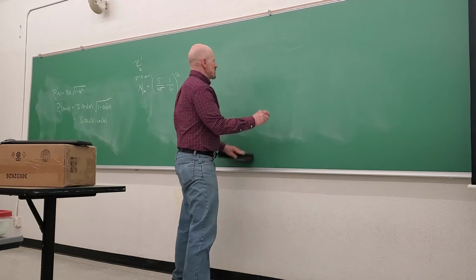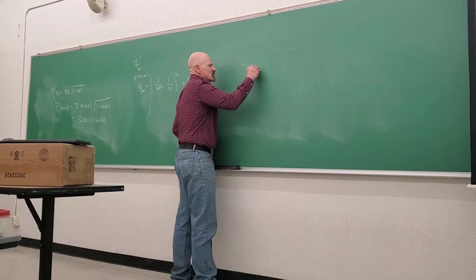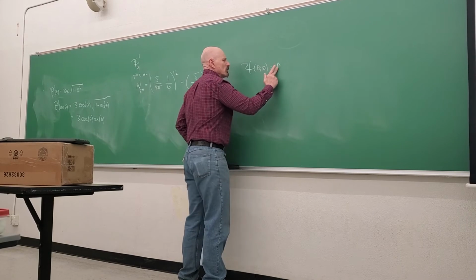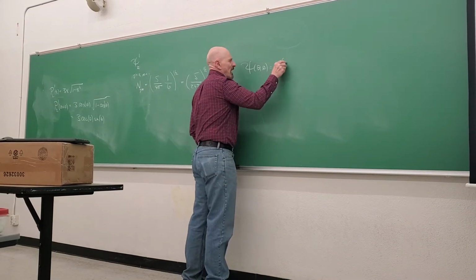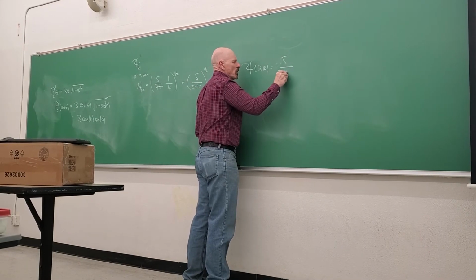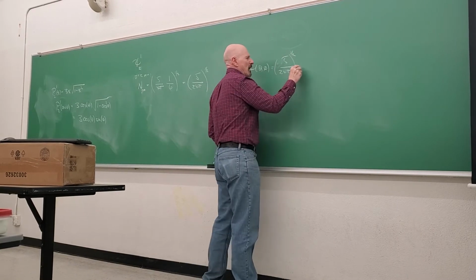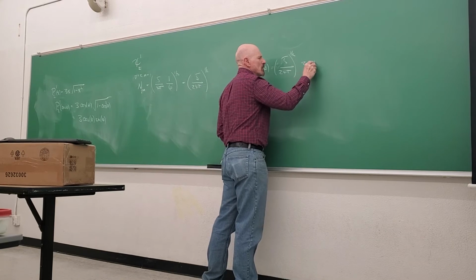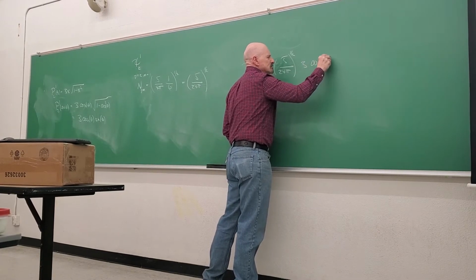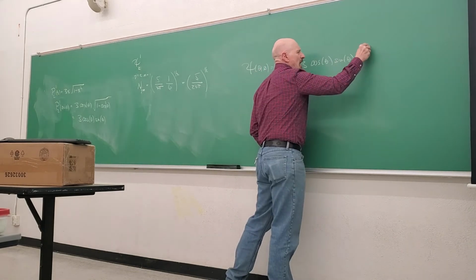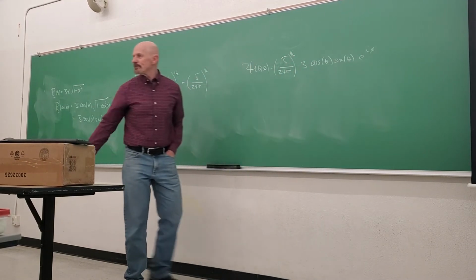So my wave function now, as a function of theta and phi, is this N, let me go ahead and write that in, 5 over 24 pi to the 1/2. I have 3 cosine theta, I have sine theta, and then e to the i phi. That's the wave function. Good.